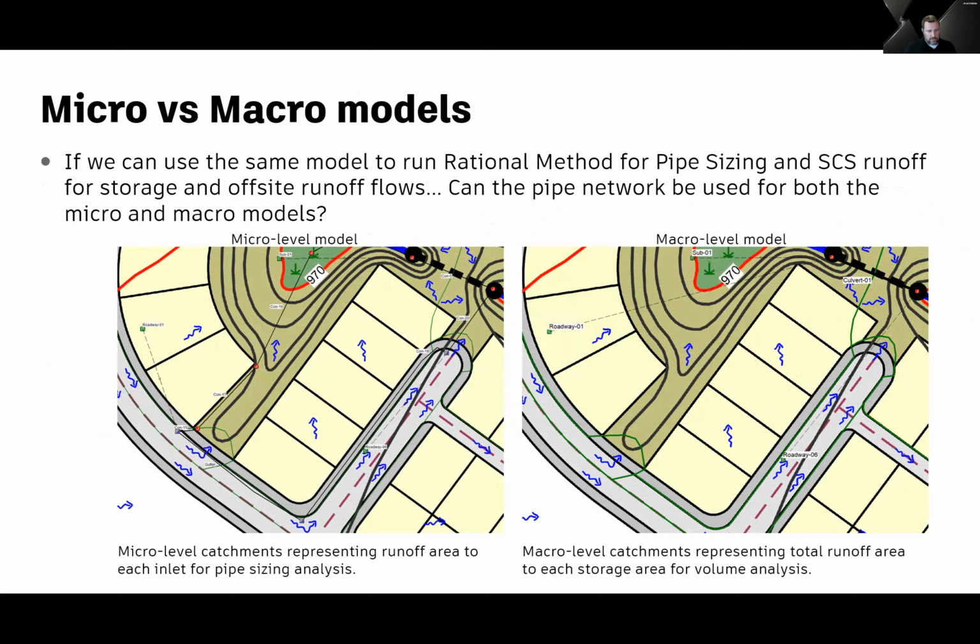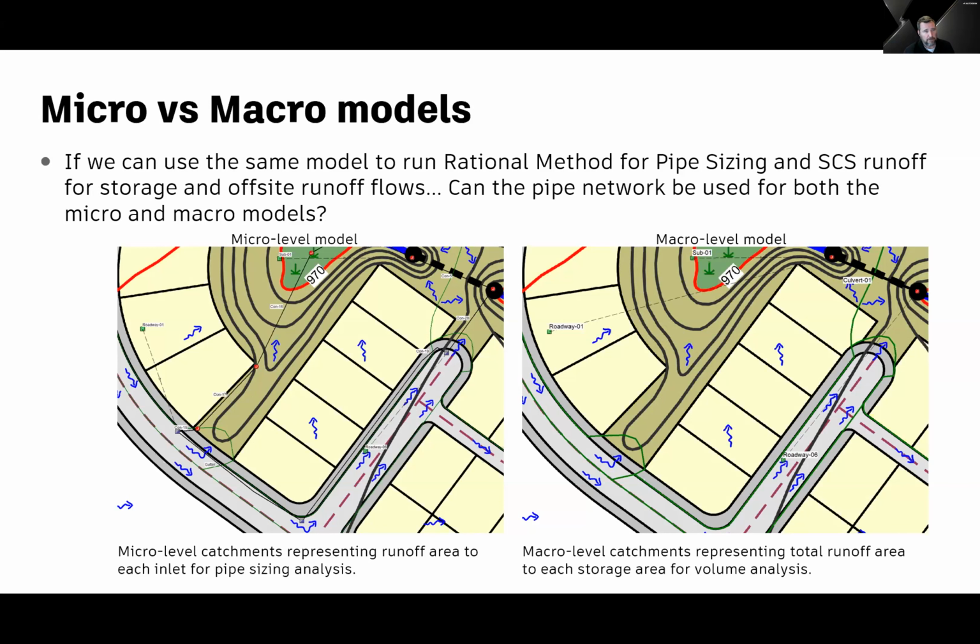I think in talking to a number of customers, people are using a different method for sizing pipes than they are for doing their storage volumes. The rational method is more conservative and typically used for pipe sizing, but it's not appropriate for volume. So usually, at least in the US, an SCS type II or type III is typically used for storage.